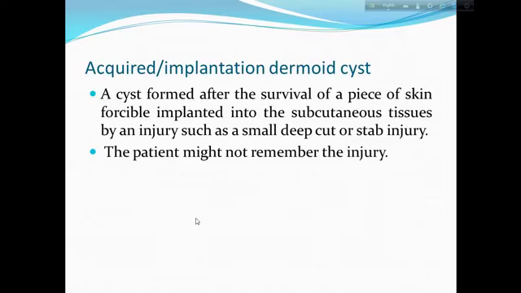Acquired or implantation dermoid cyst: a cyst formed after the survival of a piece of skin forcibly implanted into the subcutaneous tissue at the time of injury, such as a small deep cut or stab injury. The patient might not remember the injury.